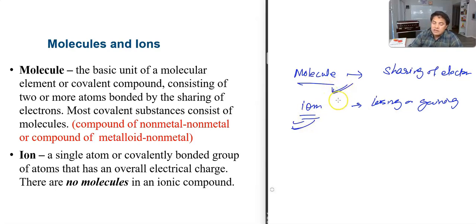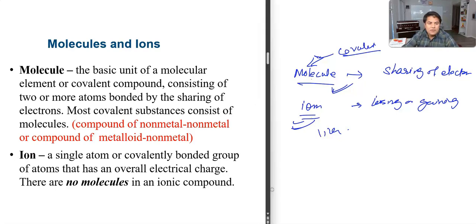Sharing of electrons means covalent. If there is a covalent bond, then that is a molecule. If there is an ionic bond, they are ions. Okay, these two definitions.